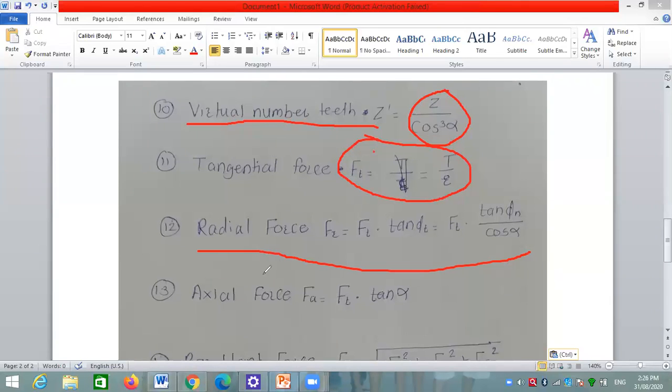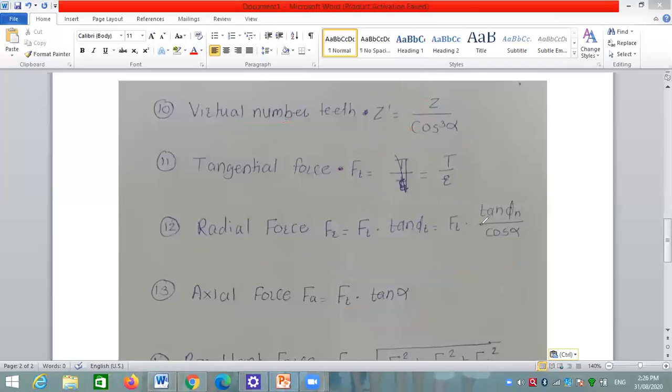Okay, and axial force Fa is equal to Ft into tan of alpha. This is the formula regarding force.